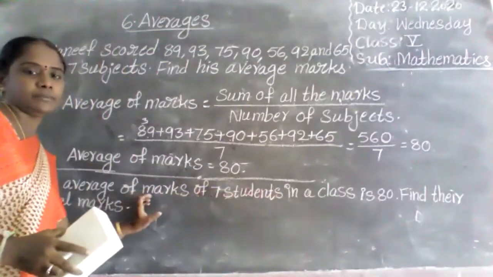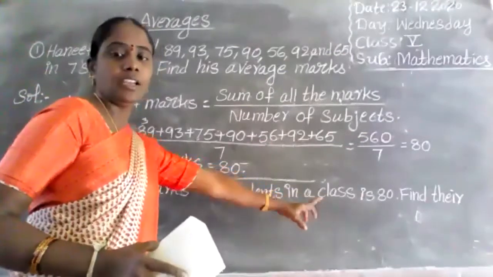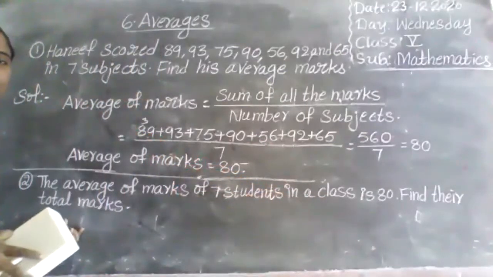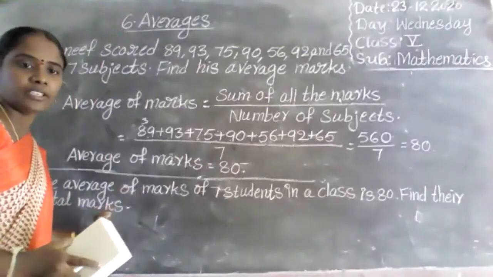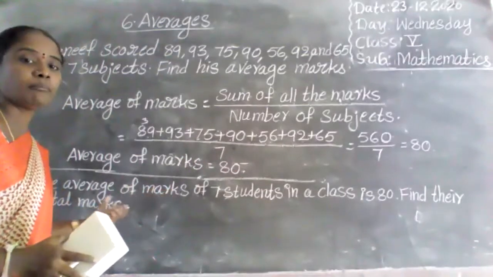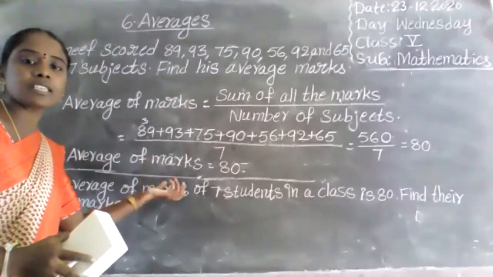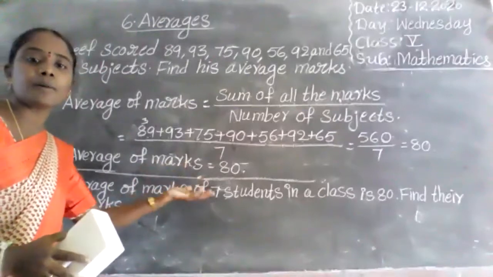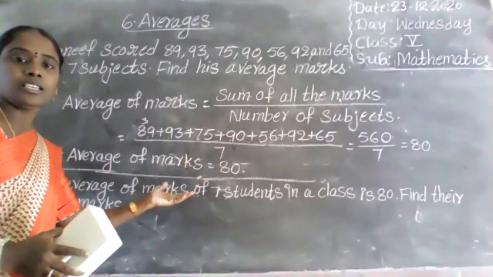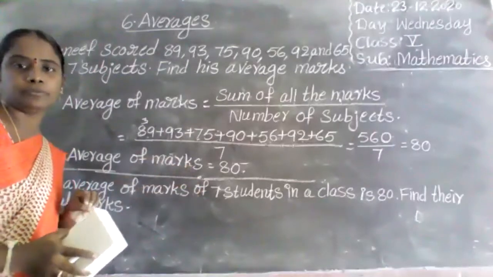The average is given, and we have to find the total marks. What is the principle for total marks? Sum of the quantities, sum of all the marks, sum of all the items, sum of all the observations, sum of all the weights according to the problem. We have to take that principle.